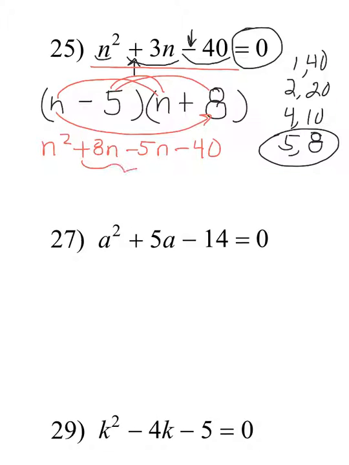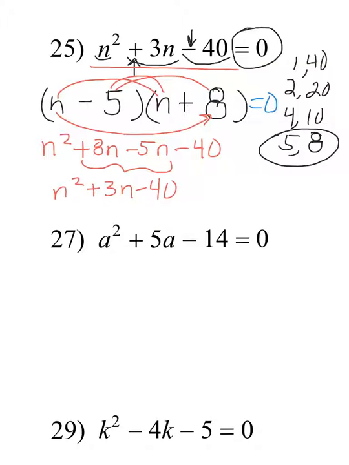Now we can combine the center terms, and we end up with n squared plus 3n minus 40. So certainly we did come up to the same problem as what we started with, so we know that we have the right factors.